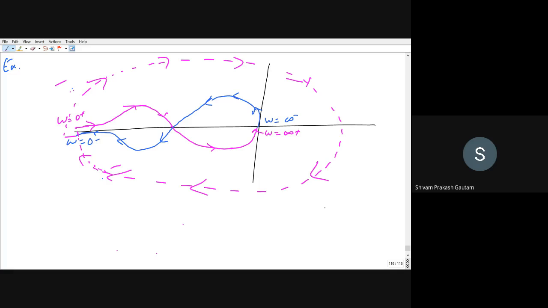It is going from omega is equal to 0 minus to omega is equal to 0 plus. If you draw the Nyquist contour from there, you will get the direction, right? We are not focusing on that. We are focusing right now on how to determine the stability.